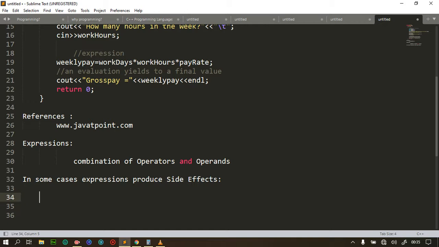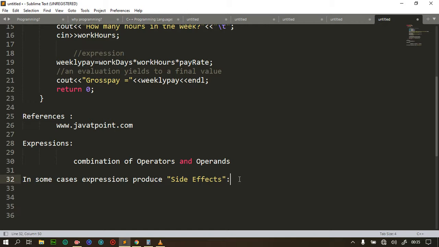That is not what we are talking about. We are in our world of programming. Sometimes an expression can give a side effect. What is a side effect? These are permanent changes in the program state. Simple and precise: permanent changes in the program state.